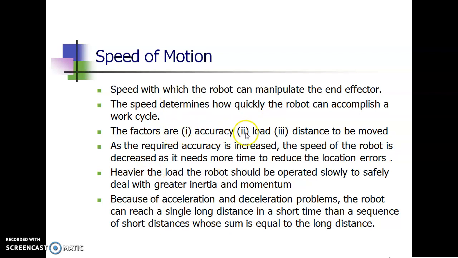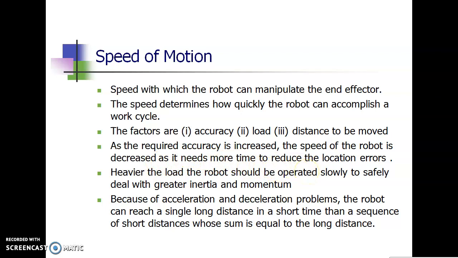But there are factors which affect the speed of motion. One is accuracy, second one is load, third one is distance to be moved. If you want more accuracy, the speed of the robot is decreased as it needs more time to reduce the location errors.